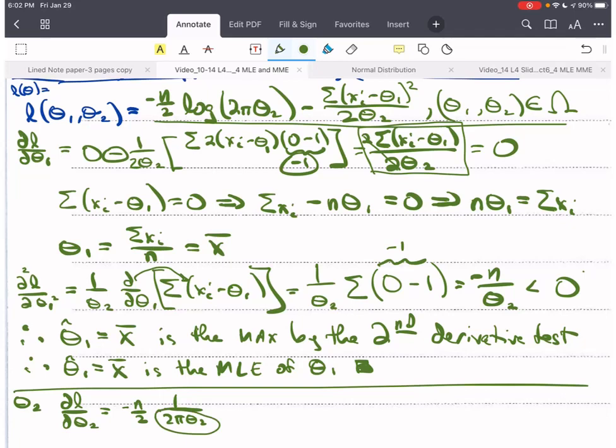So the derivative of that with respect to theta 2 is just going to be 2 pi, right? So times 2 pi. So this 2 pi and this 2 pi cancel out, and I'm left with negative n over 2 theta 2.